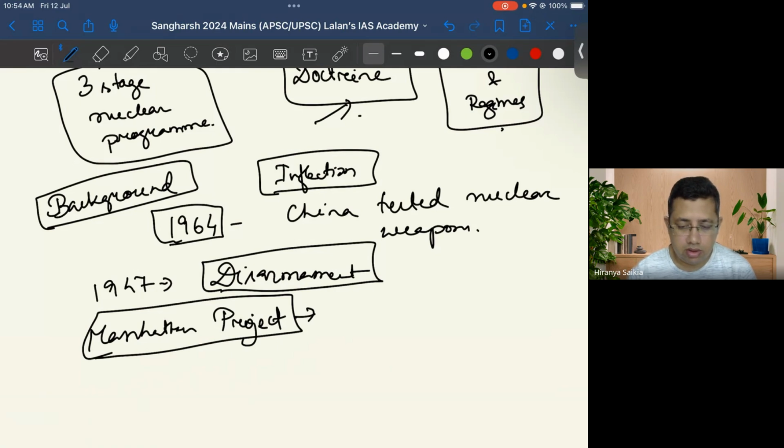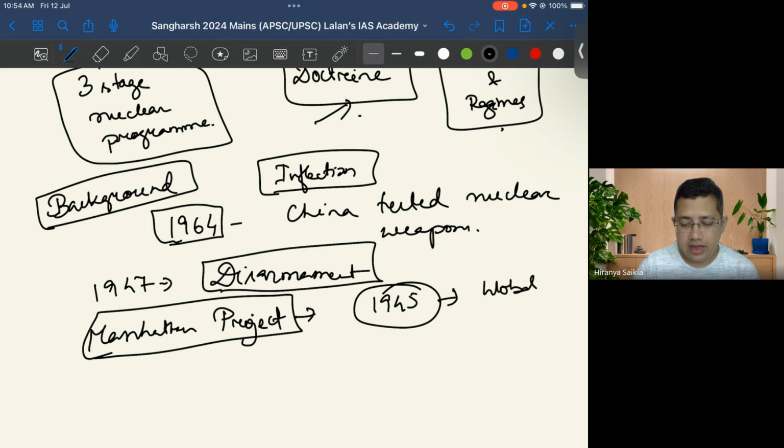Analysing the character of Oppenheimer is not the issue here. We need to understand that by 1945 there was a global apprehension, a global dislike. The world wanted to get rid of the nuclear weapons.